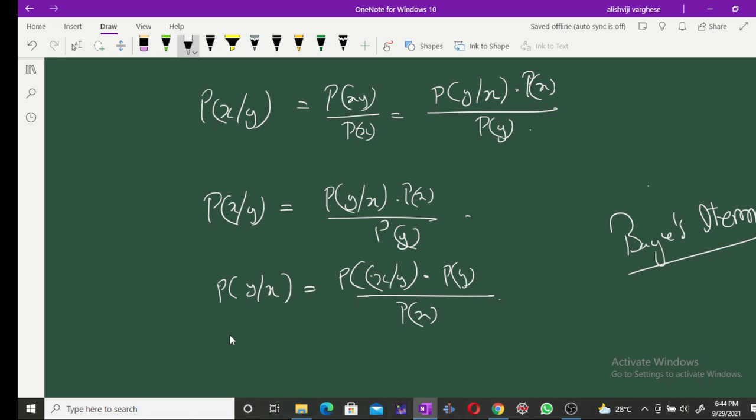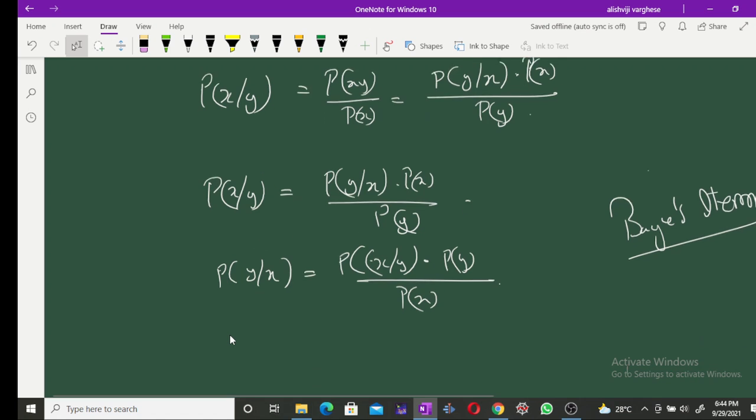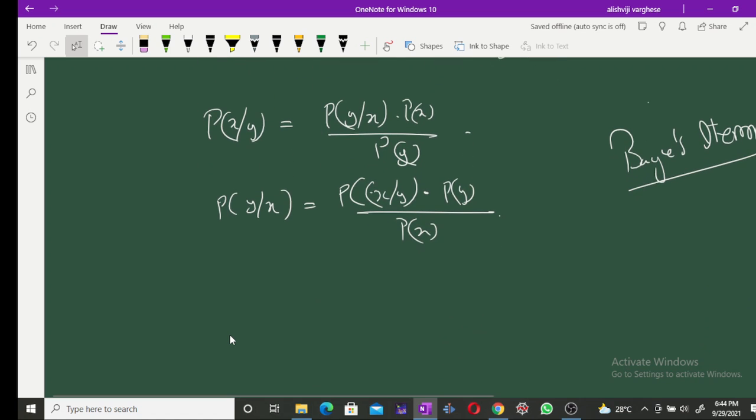which is very useful to evaluate the conditional probabilities of x given y or y given x when the marginal distributions are known and the conditional distributions of y given x or x given y is known.